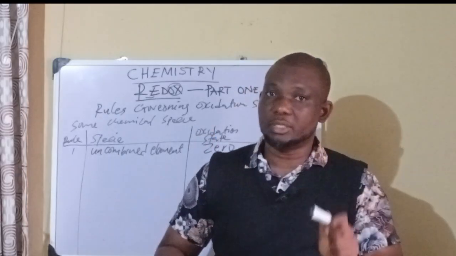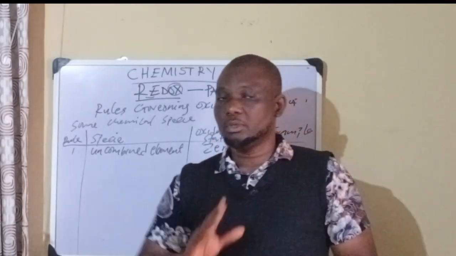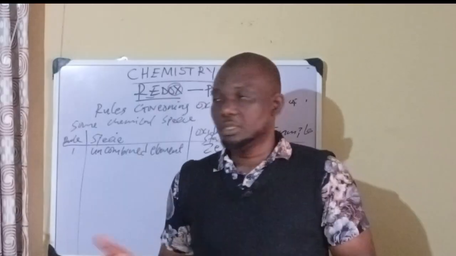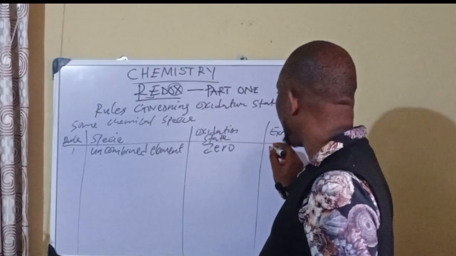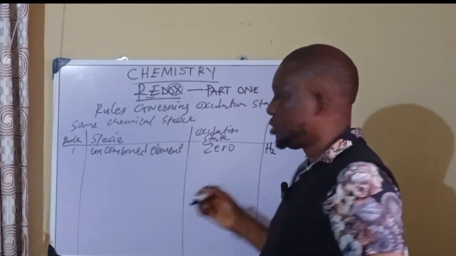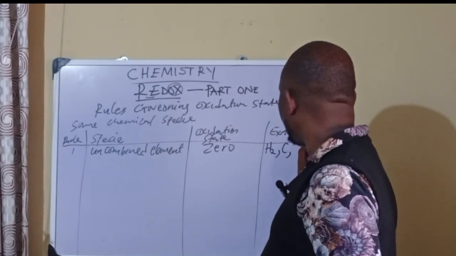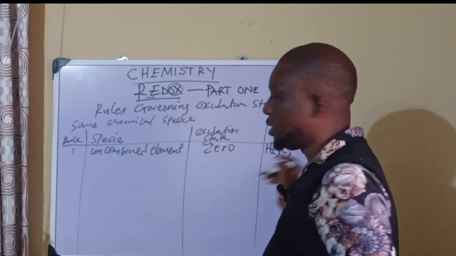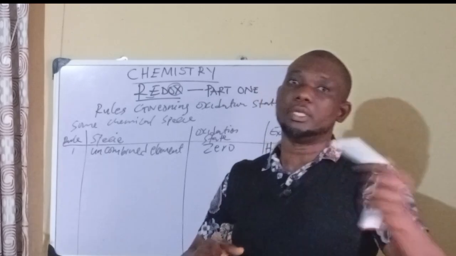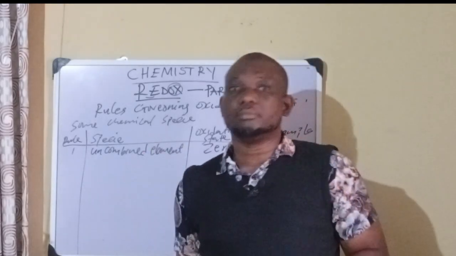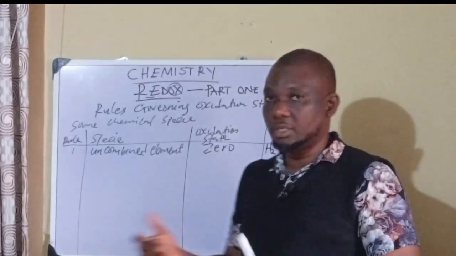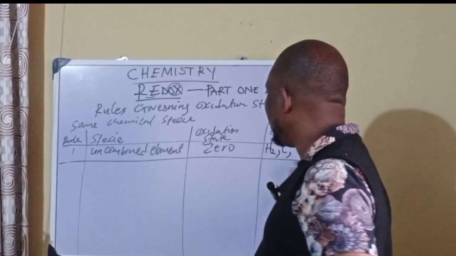Either it is an element, atom, or molecule, the oxidation number of such is said to be 0. For example, I have this H2, I can have carbon, I can have phosphorus. All the chemical elements, be it molecule or be it an atom, the oxidation state of such is 0. That's what we're going to have in rule number 1.